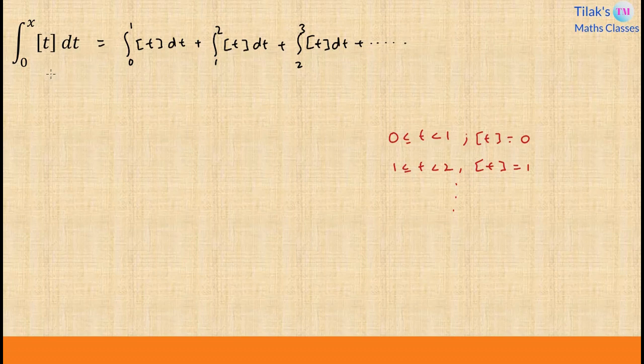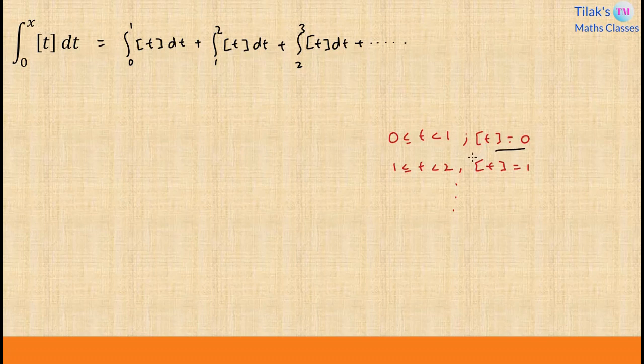The reason we are splitting the given integral into a sum of several integrals over smaller intervals is because in each interval the value of the greatest integer of t is a constant. In the first integral, where t lies between 0 to 1, greatest integer of t is equal to 0. In the second integral, we will replace greatest integer of t with 1 and so on.